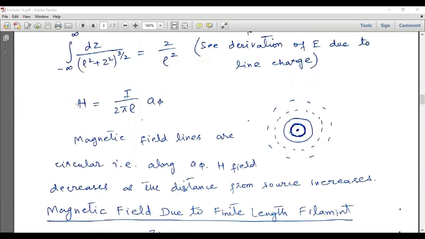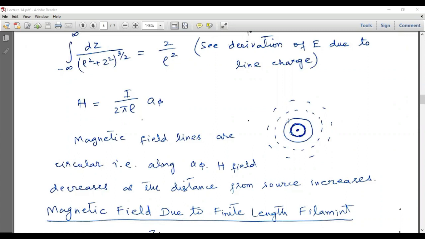So it means that the magnetic field intensity is inversely proportional to the distance for an infinite line segment carrying a current I, and the direction of the magnetic field is along the phi axis, which means that the magnetic field lines are circular in nature, because phi is actually the angle.